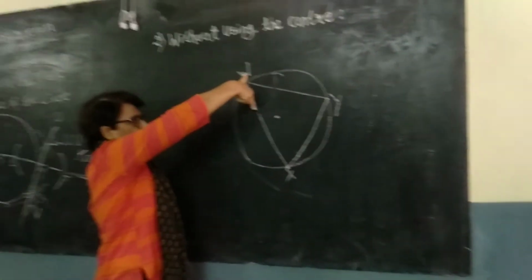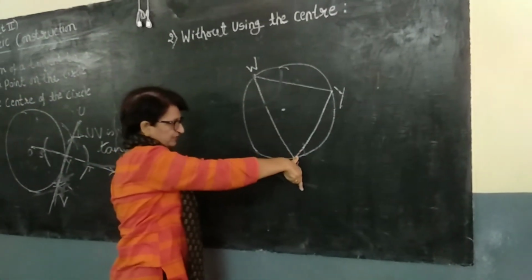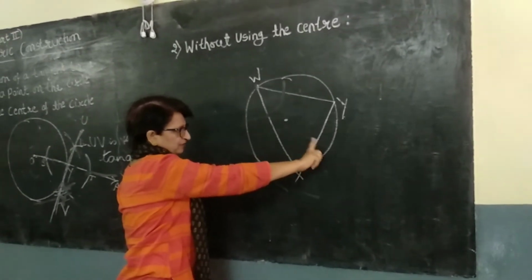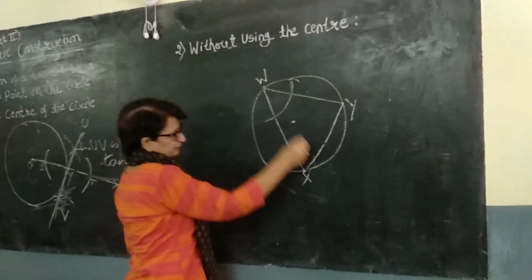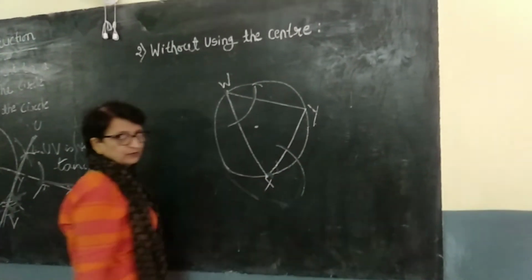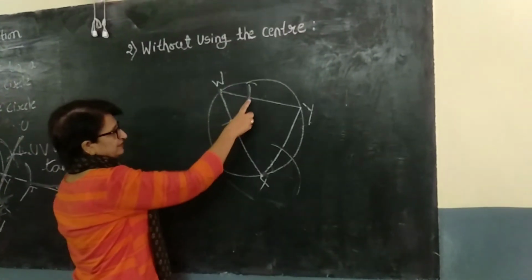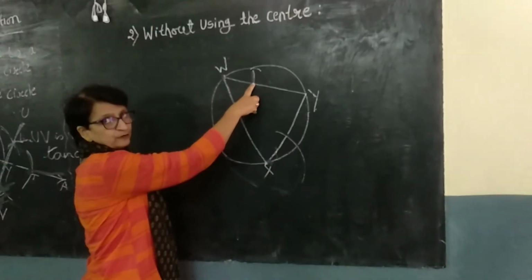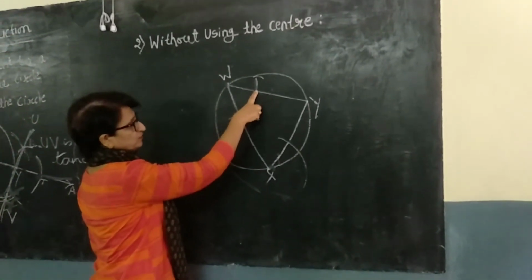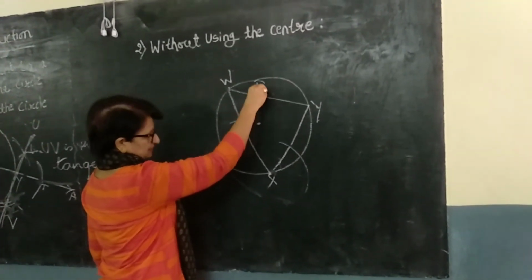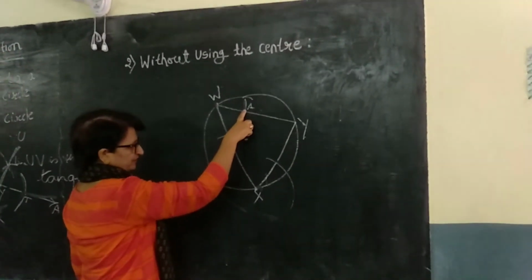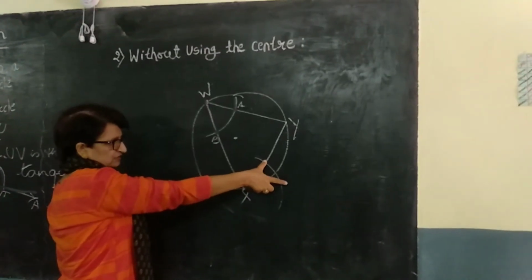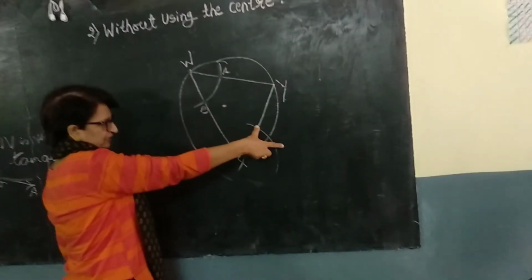Okay? Lift it, bring it to point X. From here, draw an arc. Same distance. Okay? Now take this distance, the distance between the two, supposing I mark it as AB. So take this distance AB, lift it, bring it on this line XY and cut it out here.